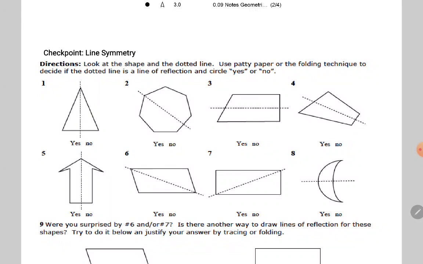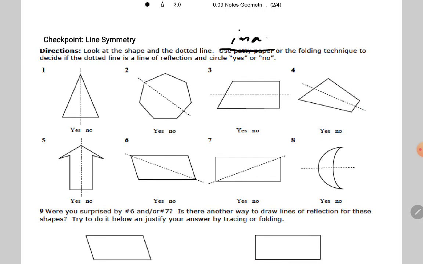Patty paper is a very thin paper that lets you see the folds, but don't worry about that. You might see this in your homework too. Don't use patty paper. Just imagine folding it across that fold there. Will everything line up?